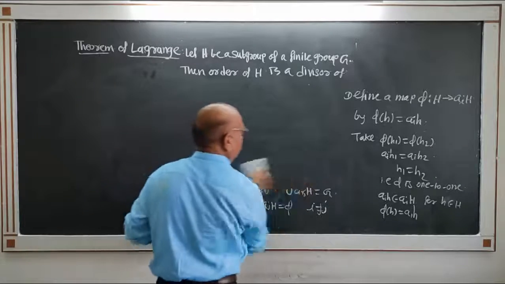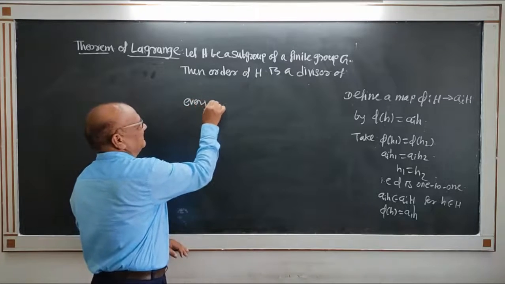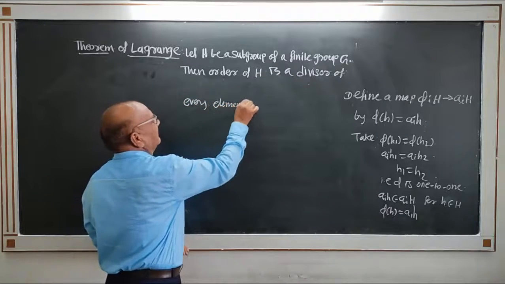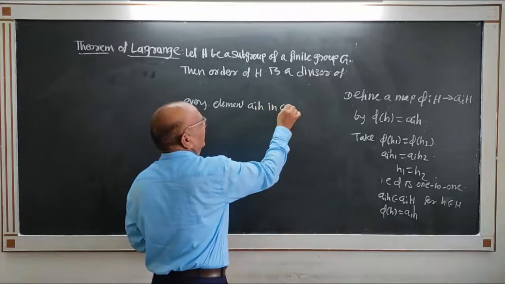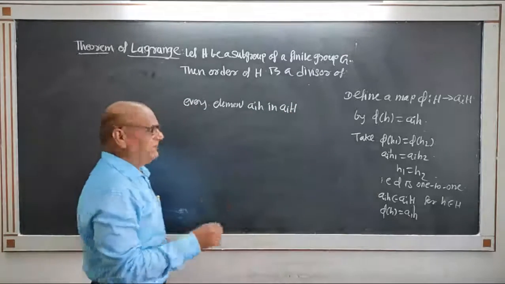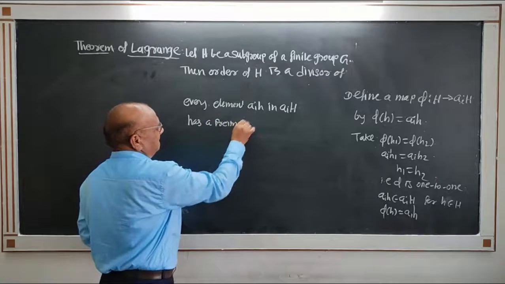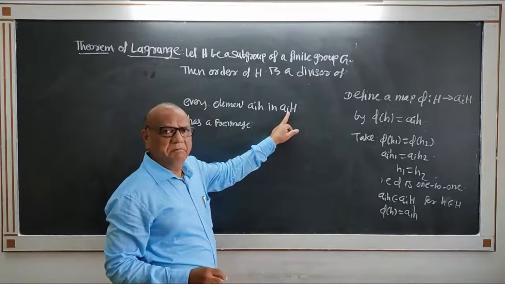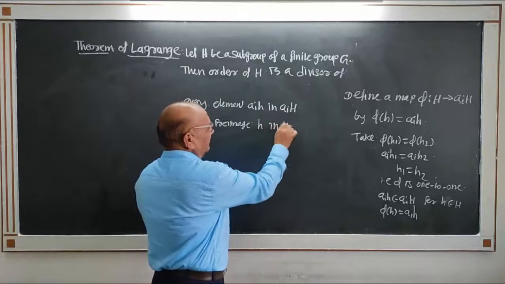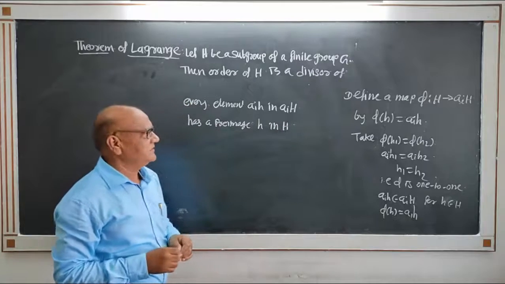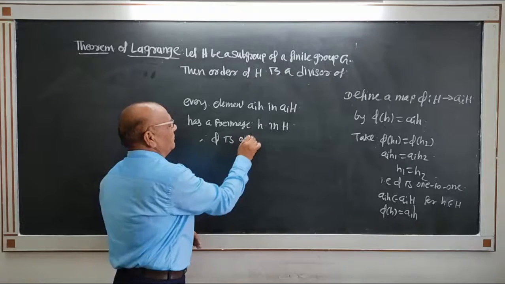That means every element AIh in AIH has a pre-image h in H, and therefore phi is onto.